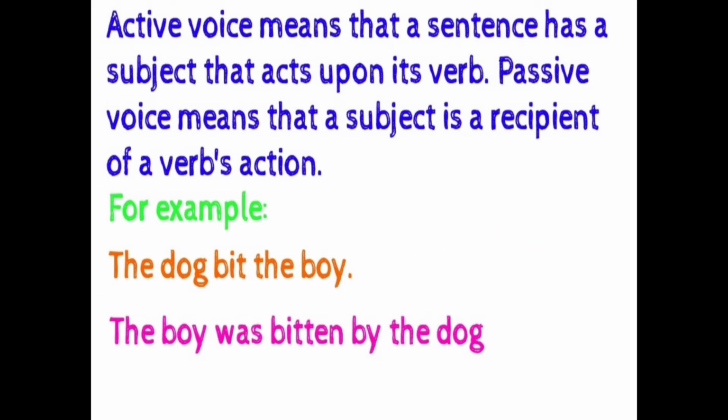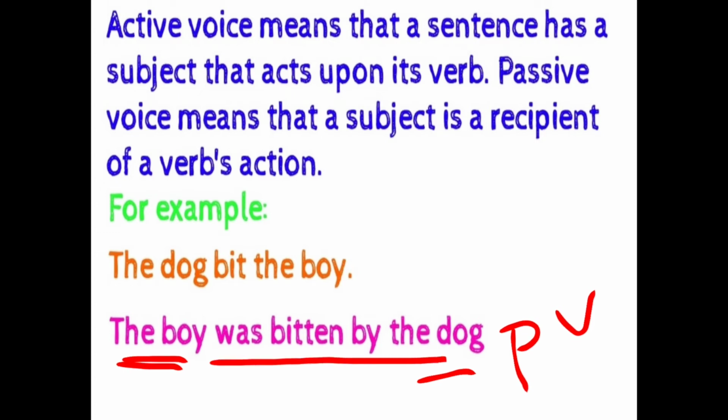Whereas in the next example, the boy is the subject, was bitten is the verb, the dog is the object. Okay, so this sentence is a passive voice. Why? Because the subject, the boy, is receiving the action done by the dog.